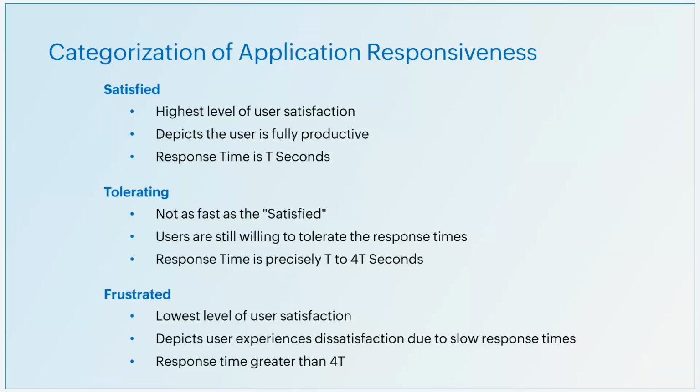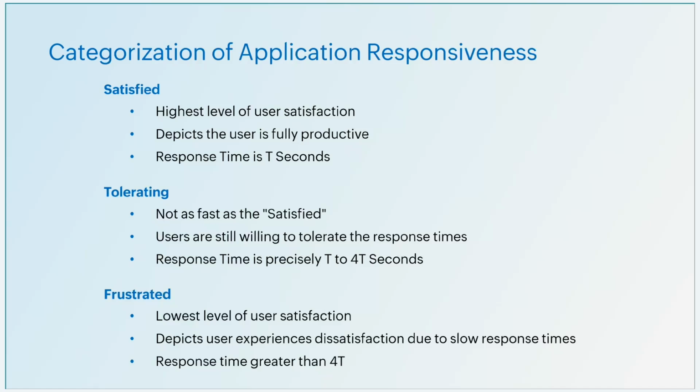The second one is tolerance. The tolerance category indicates that the application's response time is between the tolerating threshold and the satisfied threshold. So users in this category might tolerate the performance but may not be entirely satisfied as under the satisfied category.